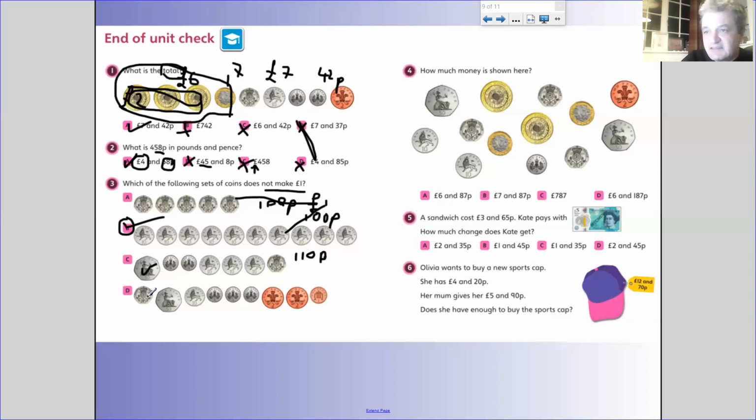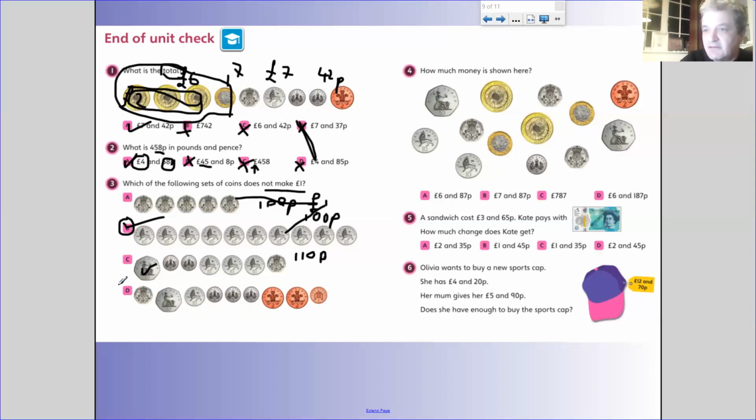Okay, let's just double check with D. 50, add 20, 70, add 10, that's 80. I'm going to put these 2 5s together, make it 10. 50, 70, 80, 90, 95, 97, 99, 100 pence, which is equal to £1.